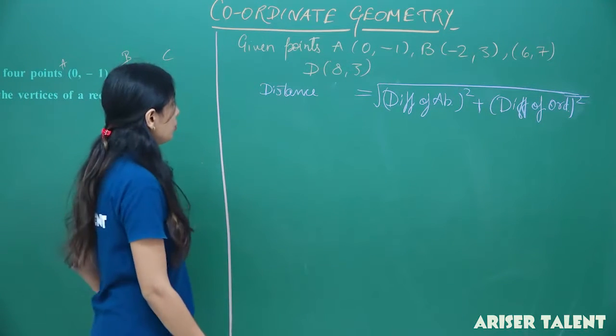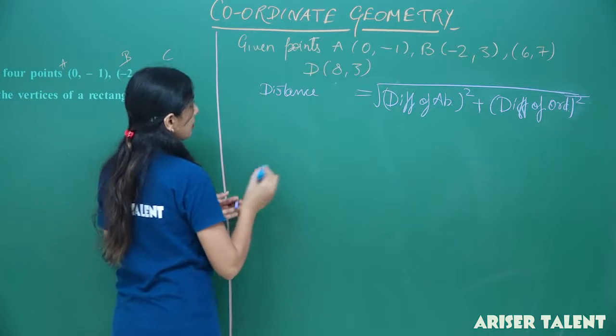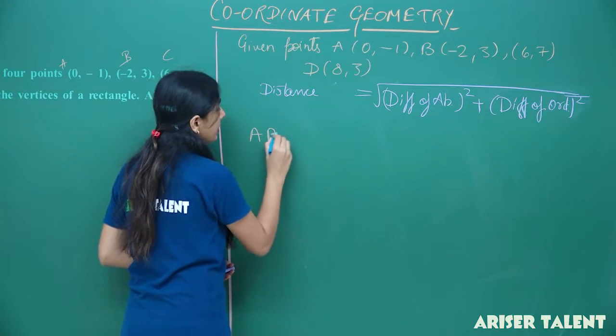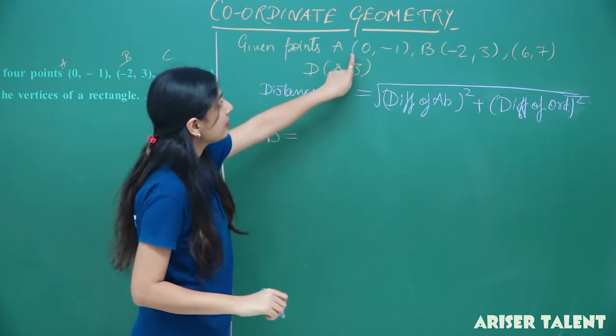Right. So when I take distance AB, I will be considering this point and this point.